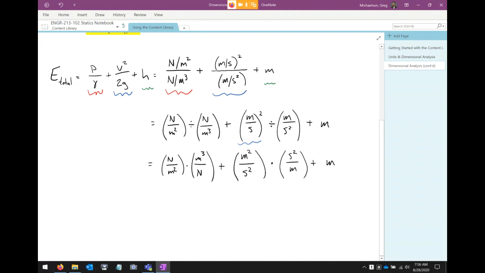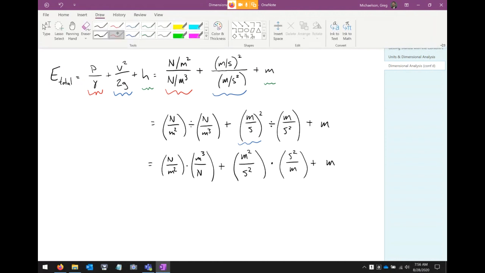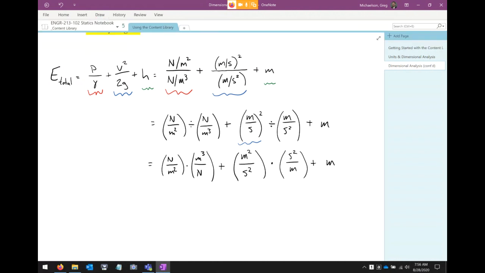Okay. And now when we look at this, we can see that we've got a lot going on here that is going to simplify greatly. For instance, if we take a look at this first set of terms right here, so maybe I'll use my colors and use this set. What do we have? Well, the newtons, they're going to cancel. And then when I look at the meters, I have cubic meters divided by square meters.